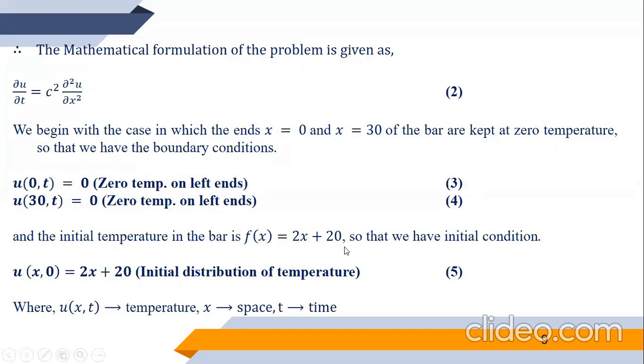So that we have the initial condition U(x,0) is equal to 2x plus 20, where u(x,t) is the temperature, x is the space, and t is the time.